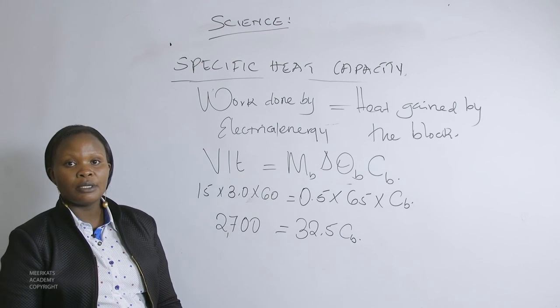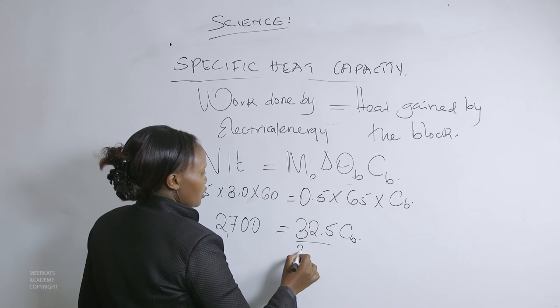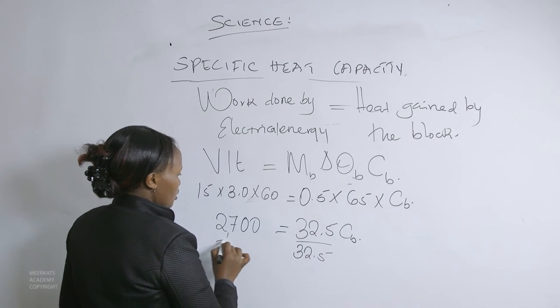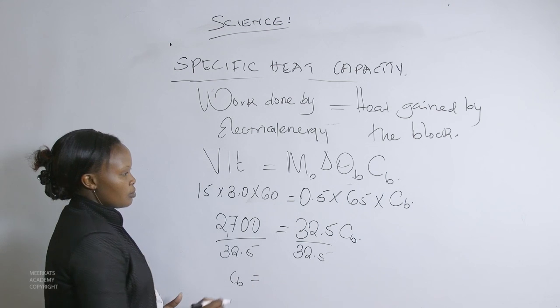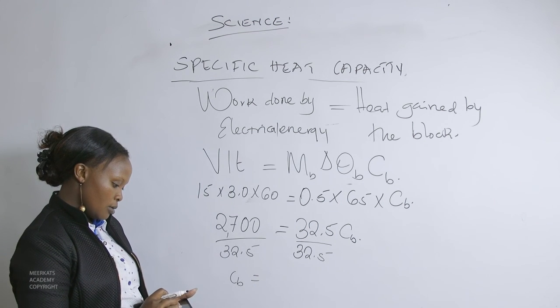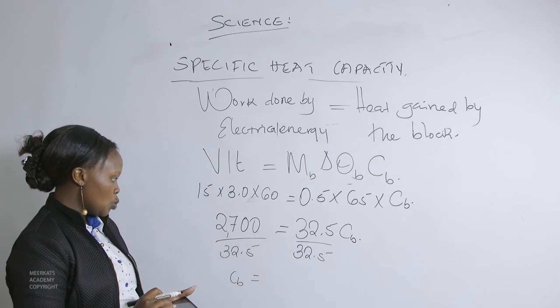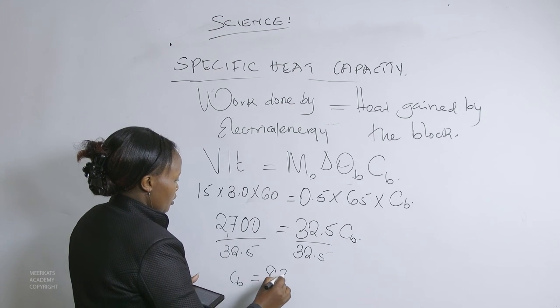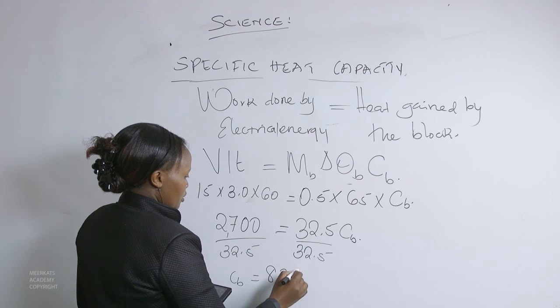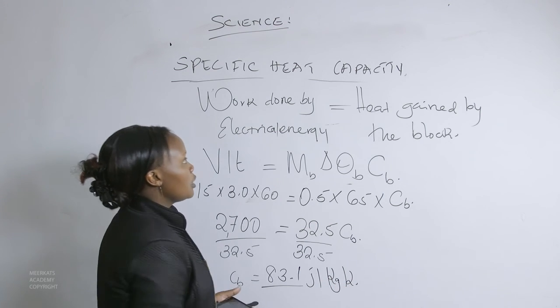We have not yet determined the specific heat capacity, so we still have to divide both sides by 32.5 so that now our specific heat capacity becomes 83.1 joules per kilogram Kelvin.